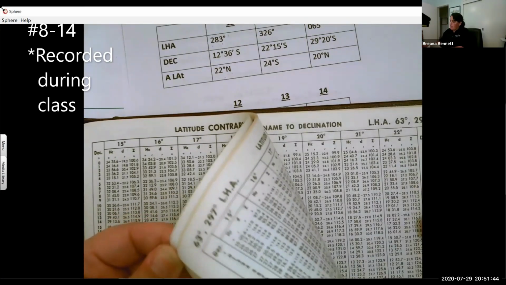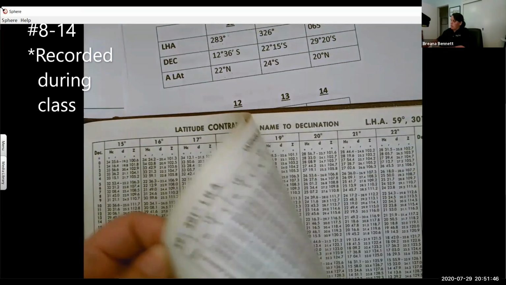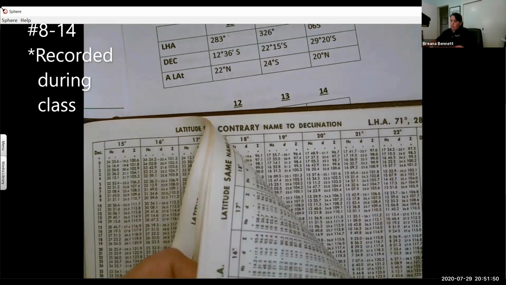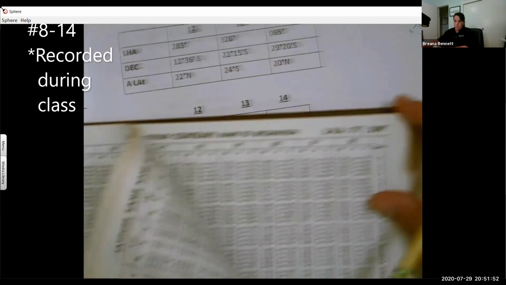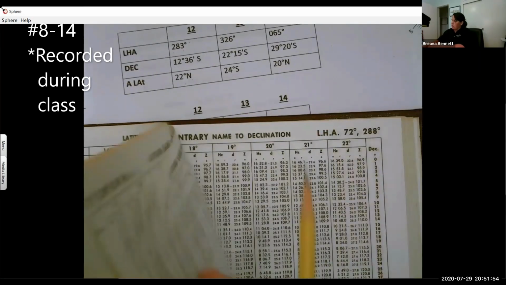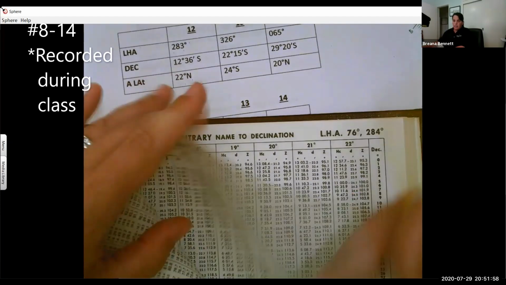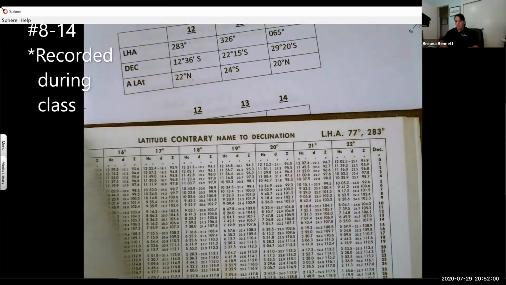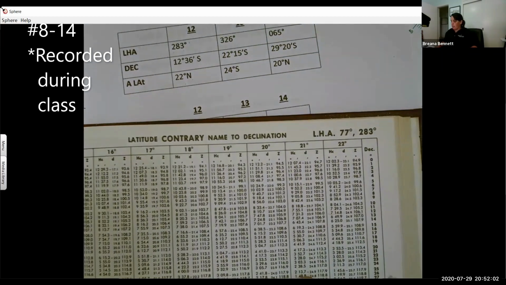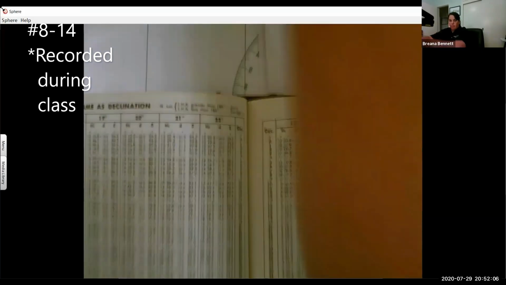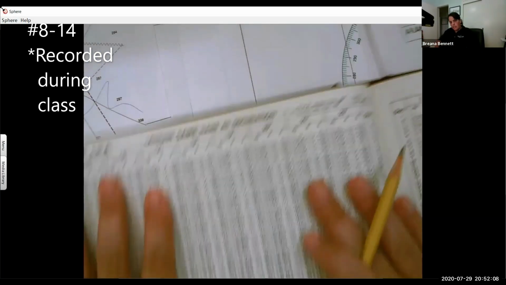There's 297. Looking for 283. Oops. 38, 37, 285, 4. All right, so here's our 283. So we have 283 on this side.